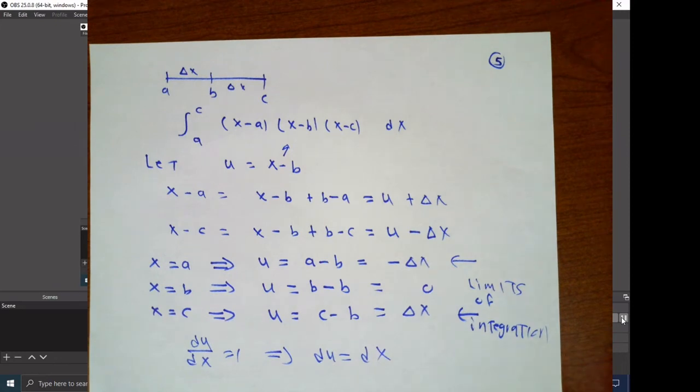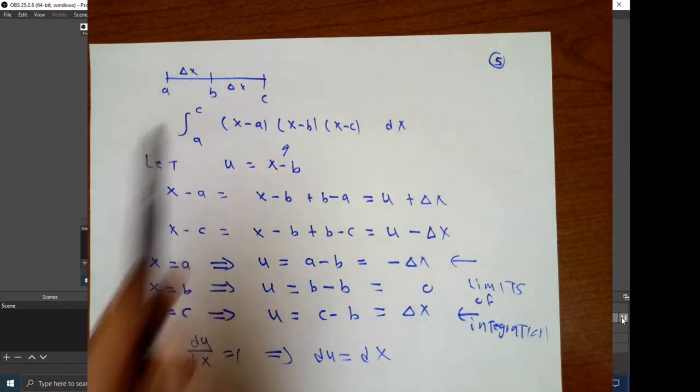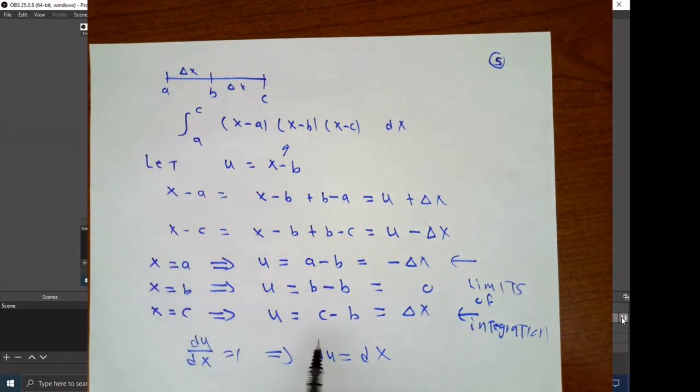If I choose to use u as the variable in my problem, then I have to figure out the appropriate limits of integration. When x is a, u is the negative of delta x, and when x is c, u is delta x. The derivative of u with respect to x is 1, so du will be the same as dx.